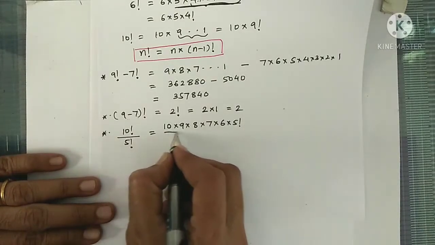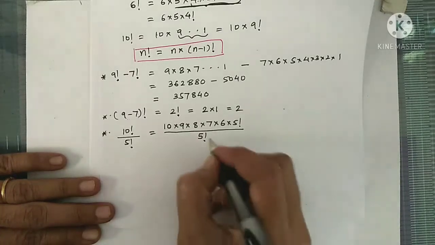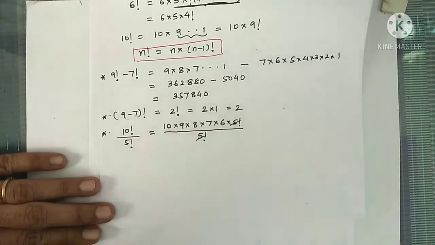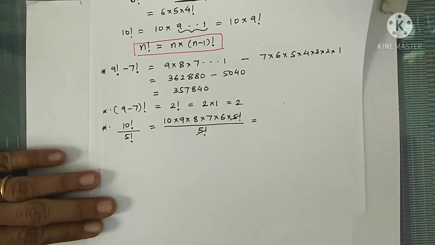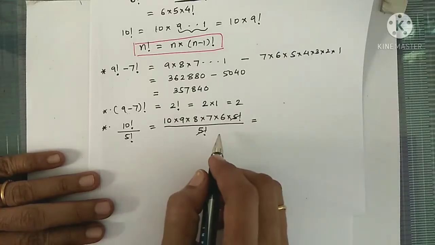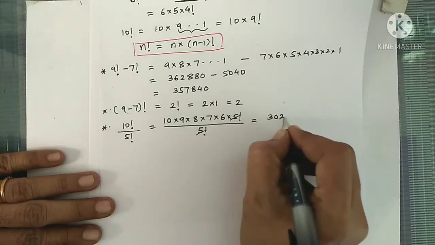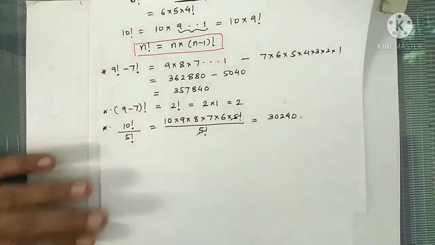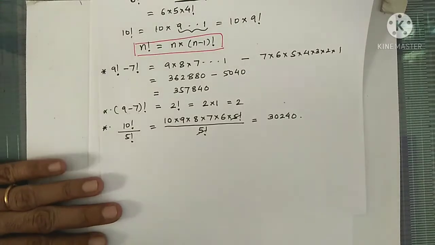By definition it is 5 factorial. In the denominator also we have 5 factorial. So this 5 factorial gets cancelled. So we have to find this product. Now factorial notation is not there. We have cancelled it. So finding this product, 30240. So this is the value. Again, I have calculated it first.